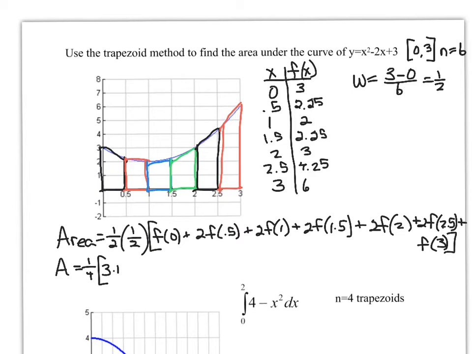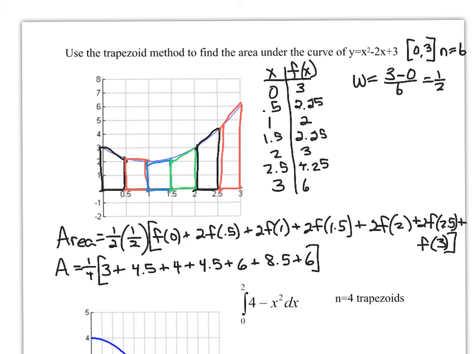We'll multiply the next one by 2, so 2 times 2.25 is 4.5. 2 times 2 is 4. 2 times 2.25 is 4.5 as well. 2 times 3 is 6. 2 times 4.25 is 8.5. And then the last function value only gets used once, so then I'll add on the 6.